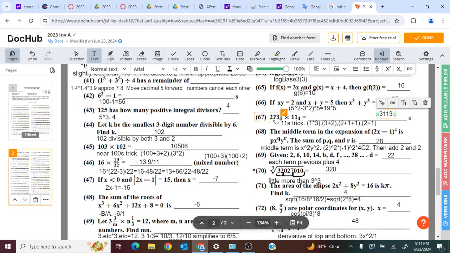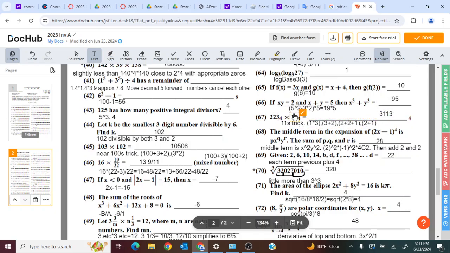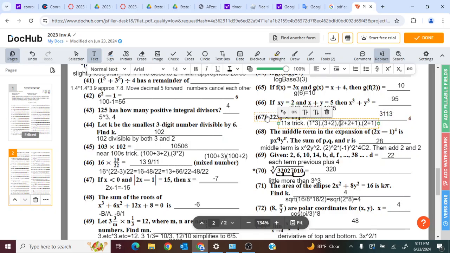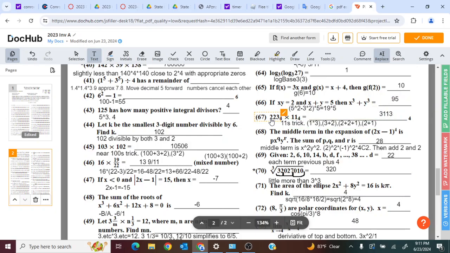Did I write this wrong? Hold up. No, I did. I wrote this wrong. So 2 plus that 1 you carried over is 5. Carry over a 1, right? 1 left over. And then you just have your 2 plus 1 left. 3, 1, 1, 3.